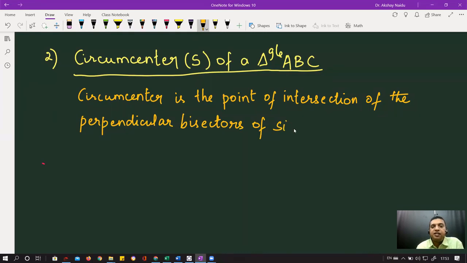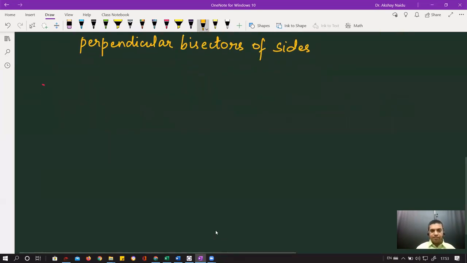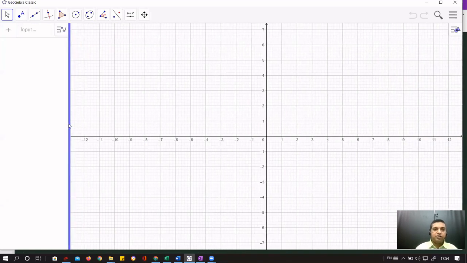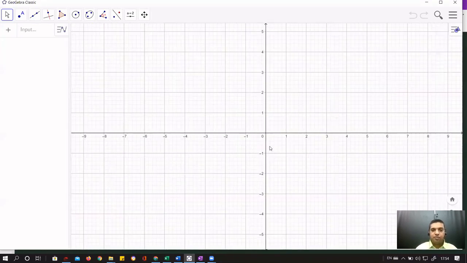And it has some properties. So I'll just open another screen to explain this. Okay, so this is a graph. If you're able to see this graph properly, I'll take any triangle.